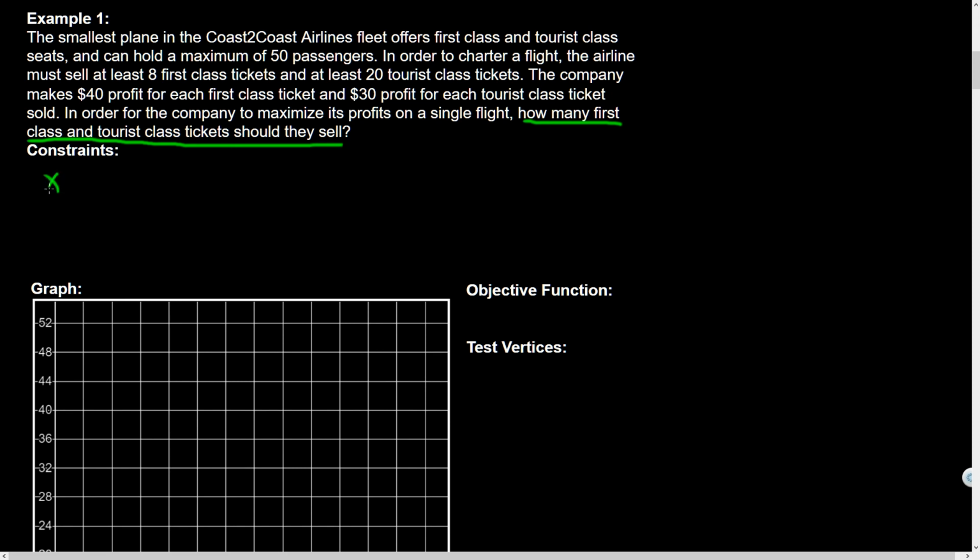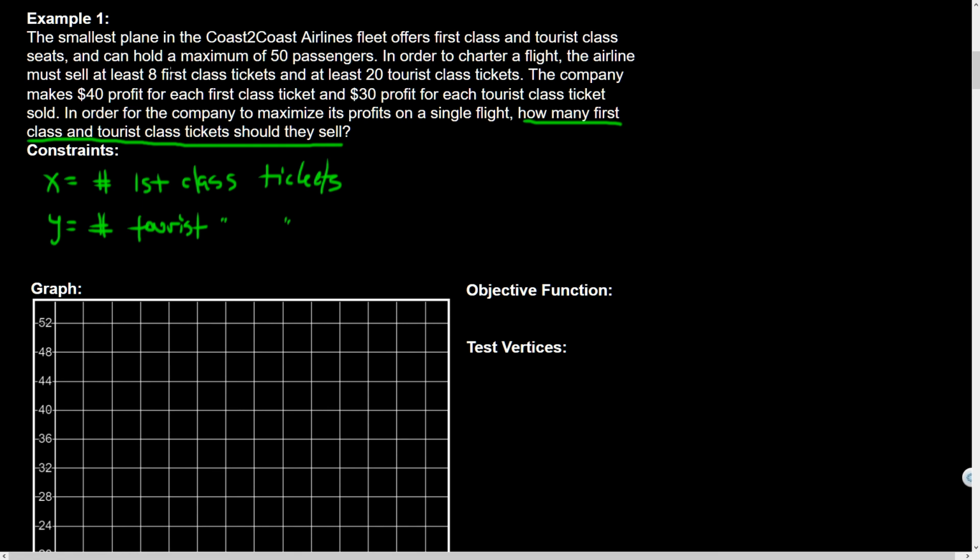So I'm going to let x equal the number of first class tickets. I might not have enough space, I'm already writing so large. And y will be the number of tourist class tickets.